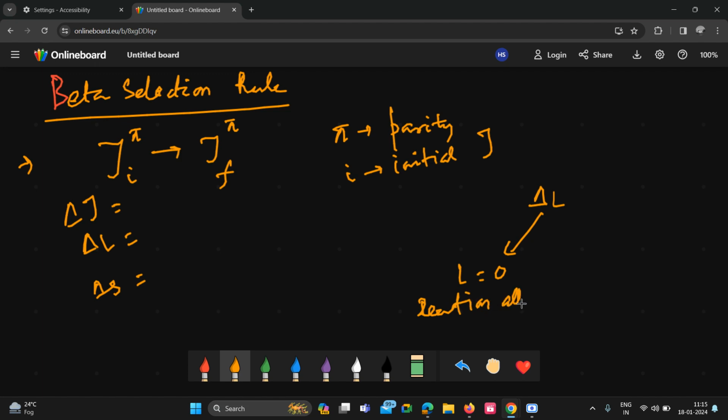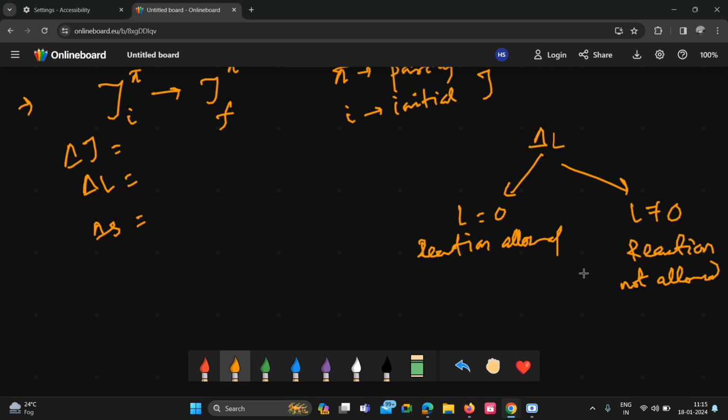For L value not equal to 0, the reaction is not allowed. So our L value will tell us whether the reaction is allowed or not.